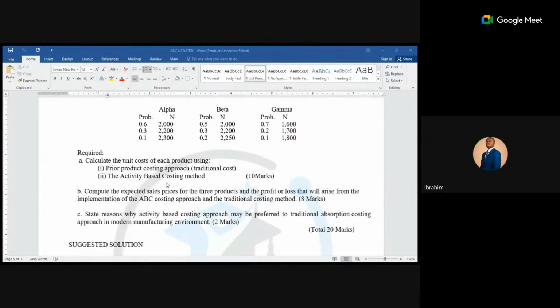That is, we want to know the cost of each of these consumptions. When you say setup, what is the cost of the setup? When you say carriage, what is the cost of the carriage? And so on. That is what activity-based costing wants to ascertain.